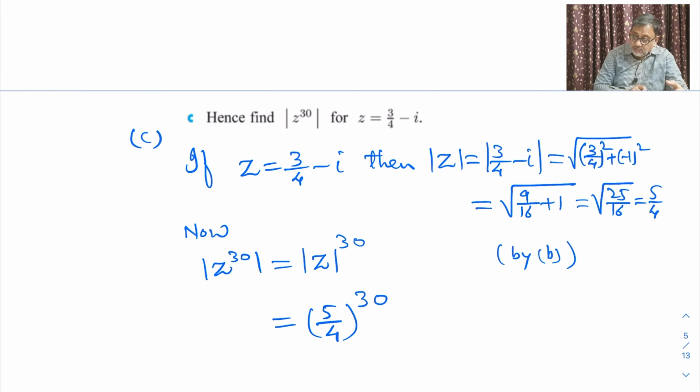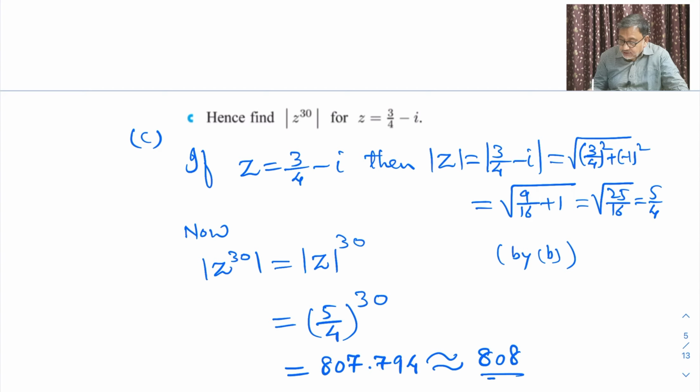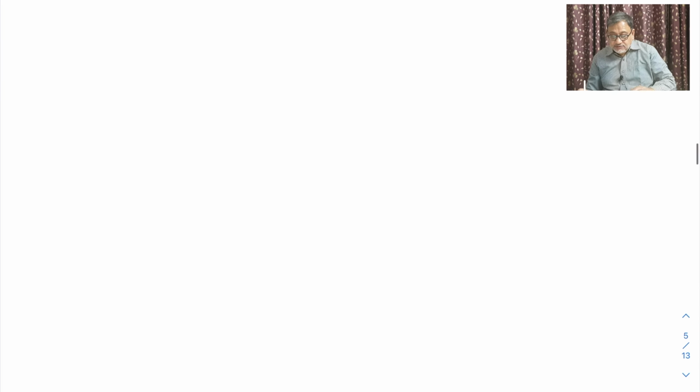Bracket to the power 30 is going to give me approximately 808. I got 807.798, 807.794. So approximately 808 I can write it. Like this we found the answer.